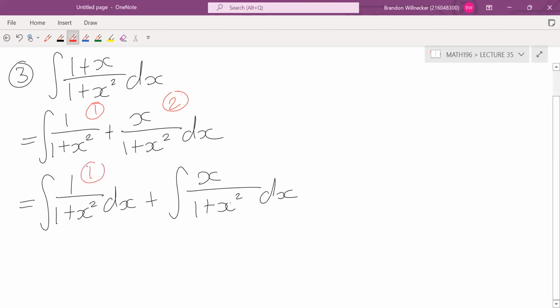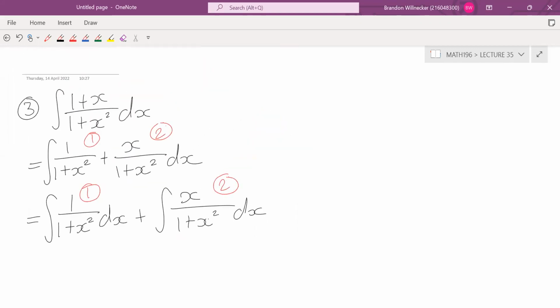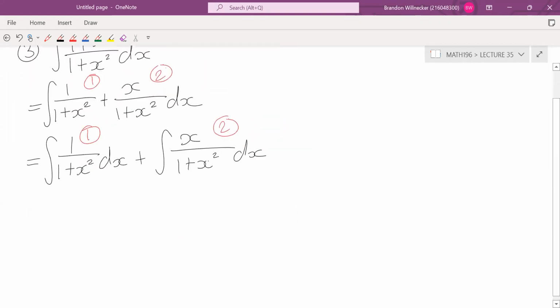So we have integral number 1 and integral number 2. Okay, because the original one was too complicated, if we separate it out into 2 integrals, we will see that integral 1 is easier to do, integral 2 is easier to do, then we can just add them together. Okay, so let's take a look at these 2 separately.